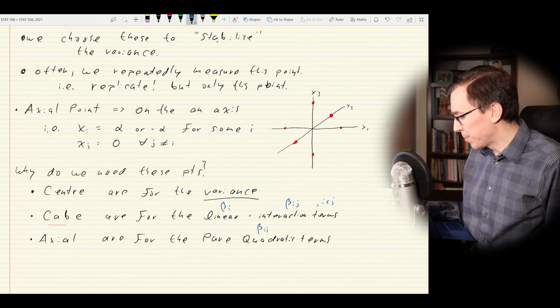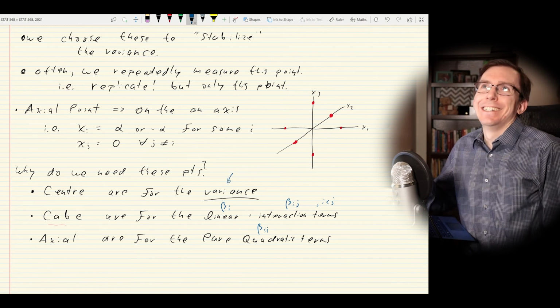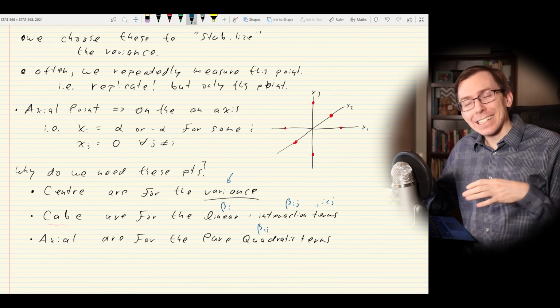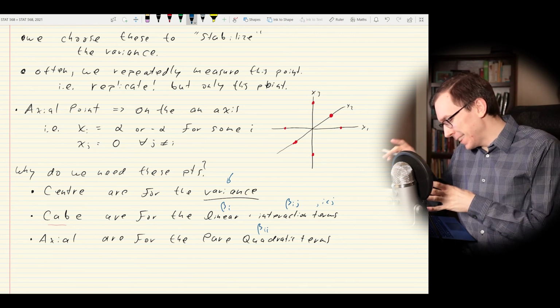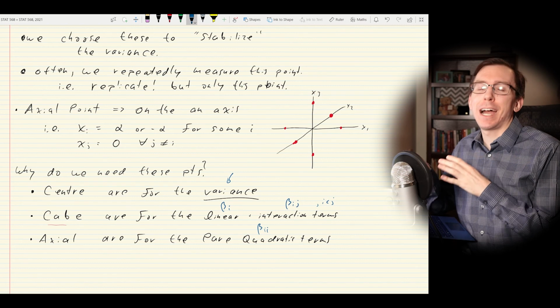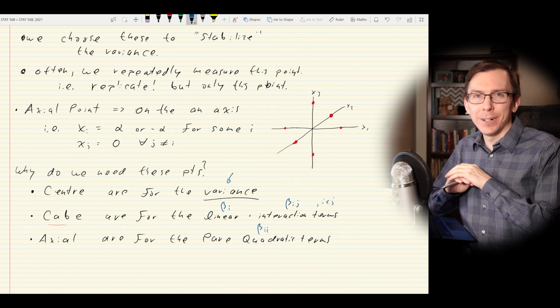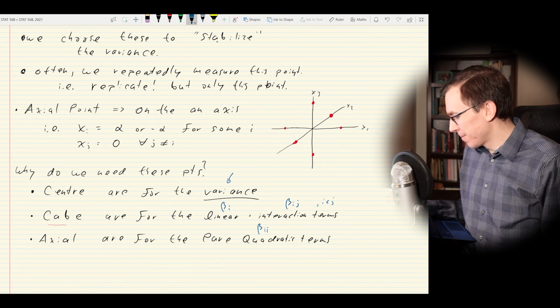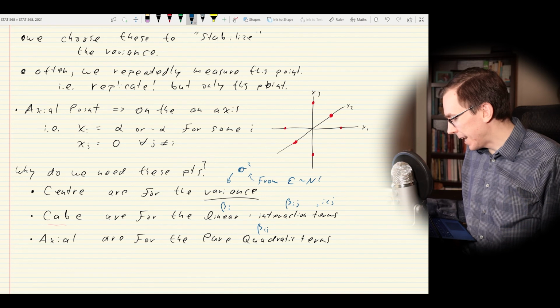And lastly, the center points, in some sense, they do need to be there to fit the model. Okay, we don't need them, but the problem is the variance will be all messed up and terrible. And this is to basically estimate sigma squared, which is from epsilon, which we'll assume, again, is normal 0, sigma squared.